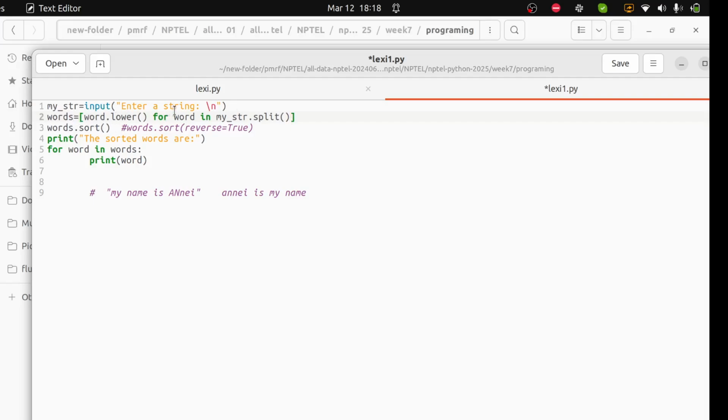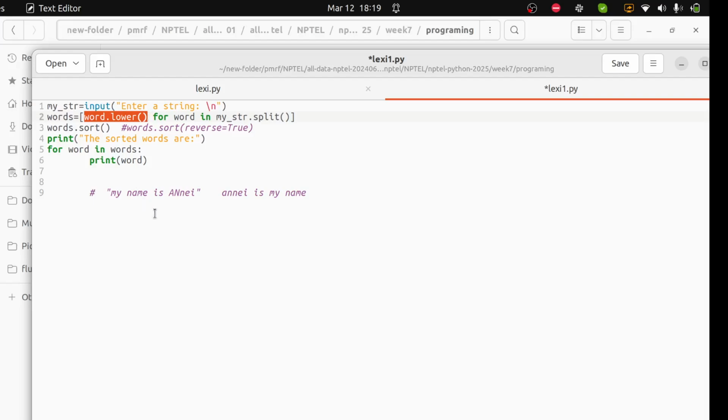So now I just used one for loop. Why is the for loop there? Because I want all the words. Okay. So what will be words here? Words will be word dot lower for word in my string dot split. So I will explain what is word dot lower here.